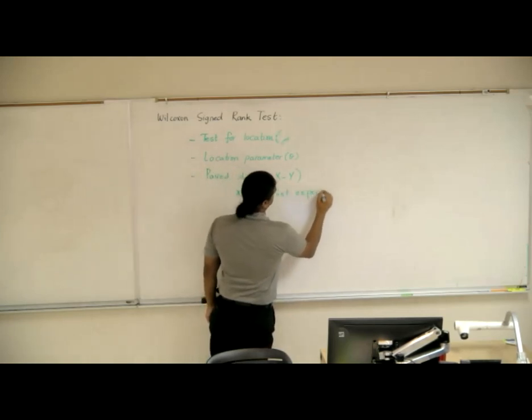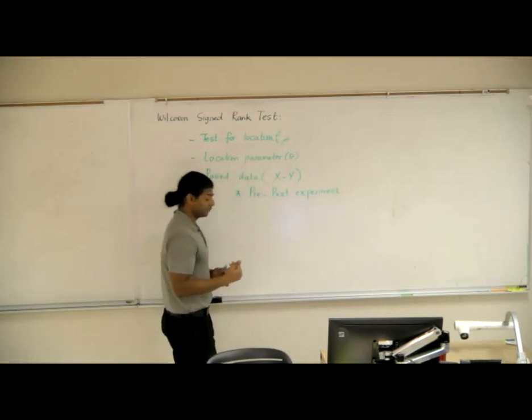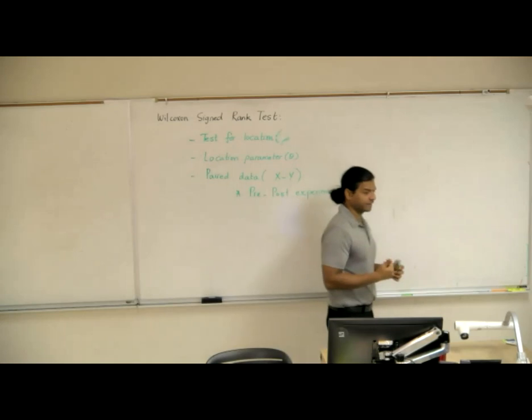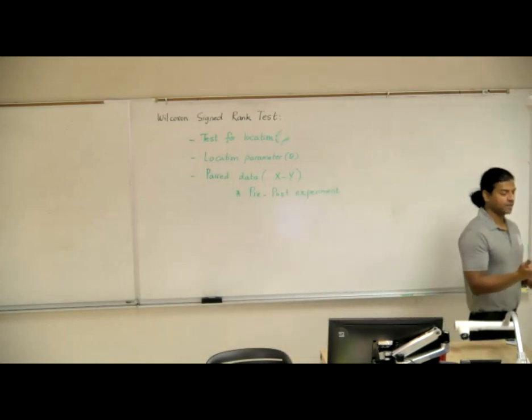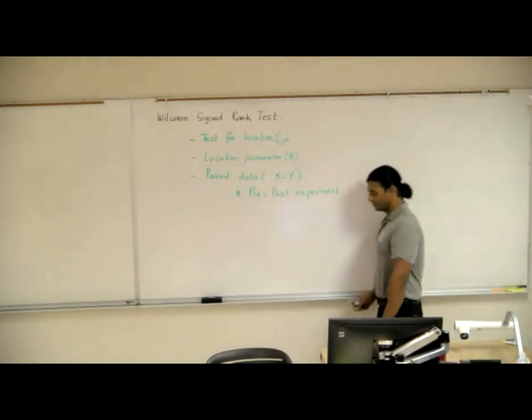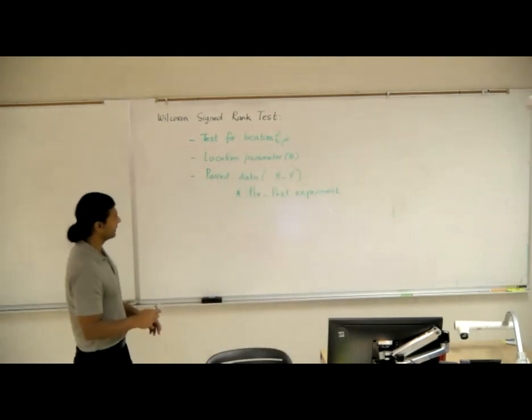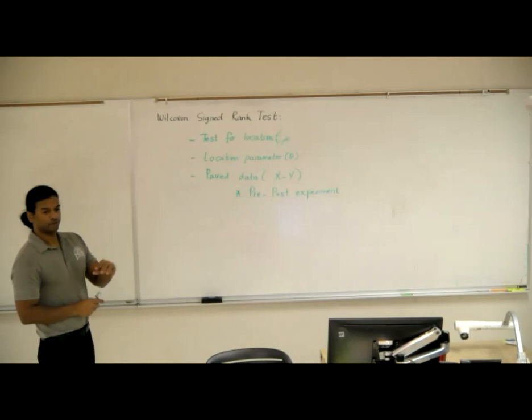So, for instance, you may want to test the effectiveness of a drug. So you measure the underlying condition prior to the use of the drug, and you give the drug, you treat the person with the drug, and then you determine the effect post-use.